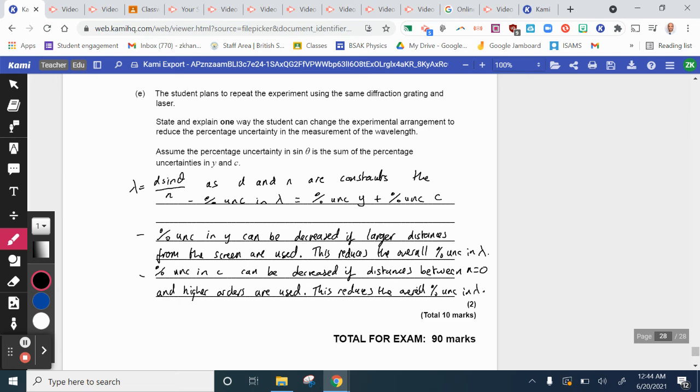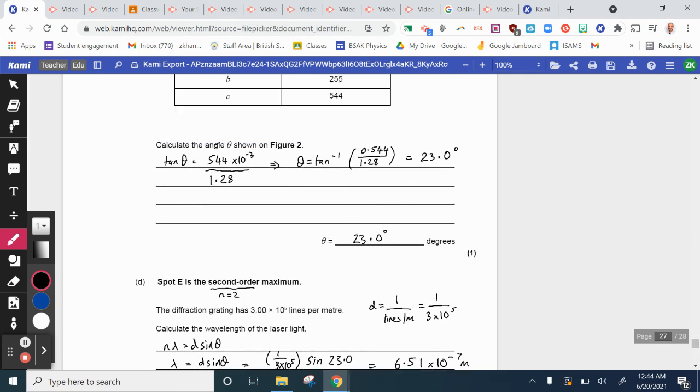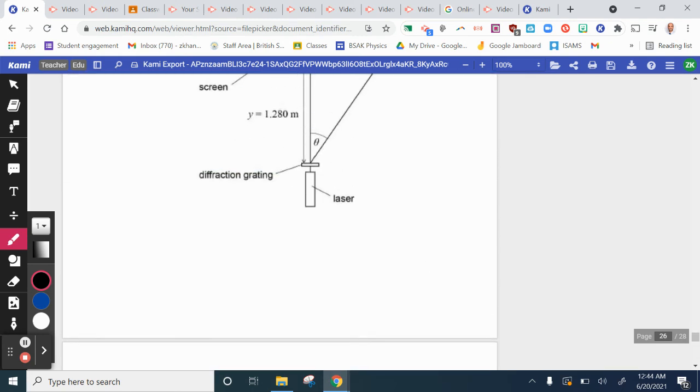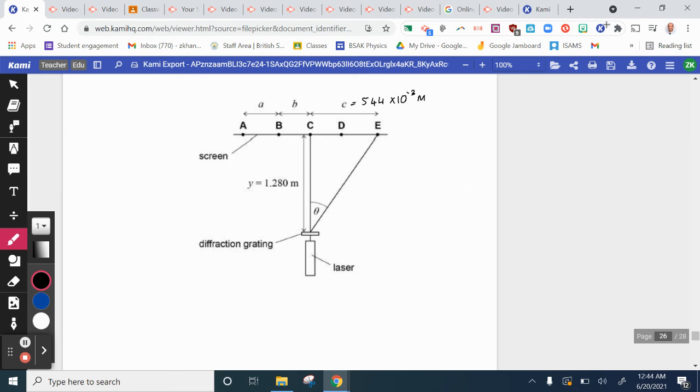Now, if we increase the distance that we measure, this distance, if it gets larger, the uncertainty in this measurement will stay the same, but the measurement will get larger.